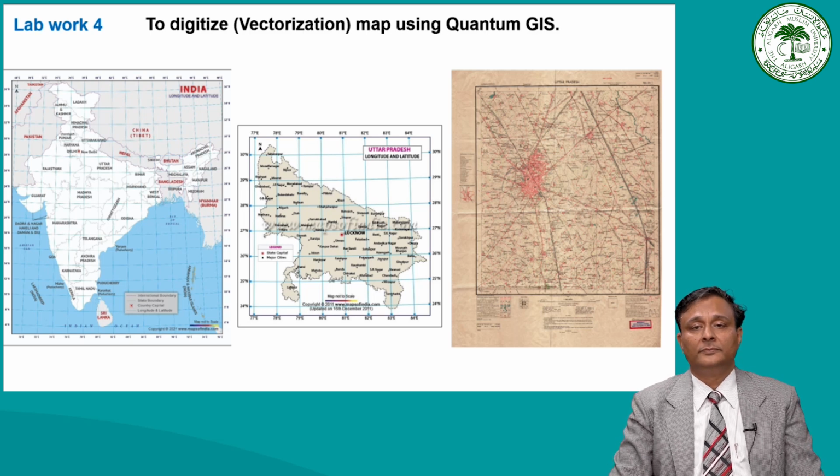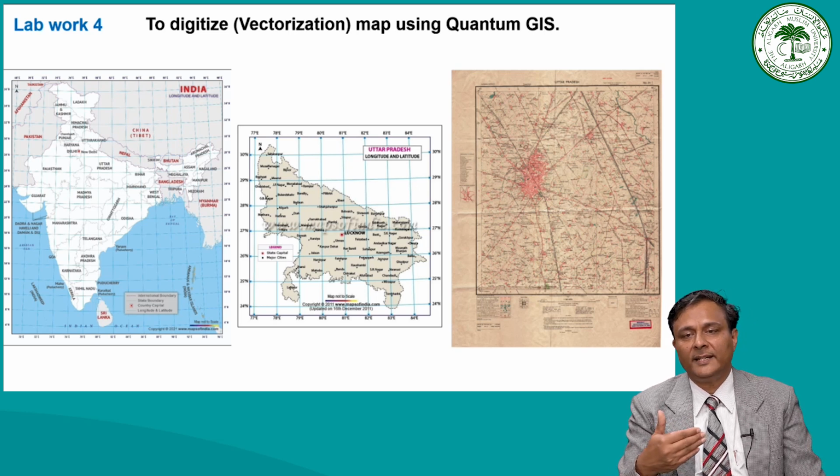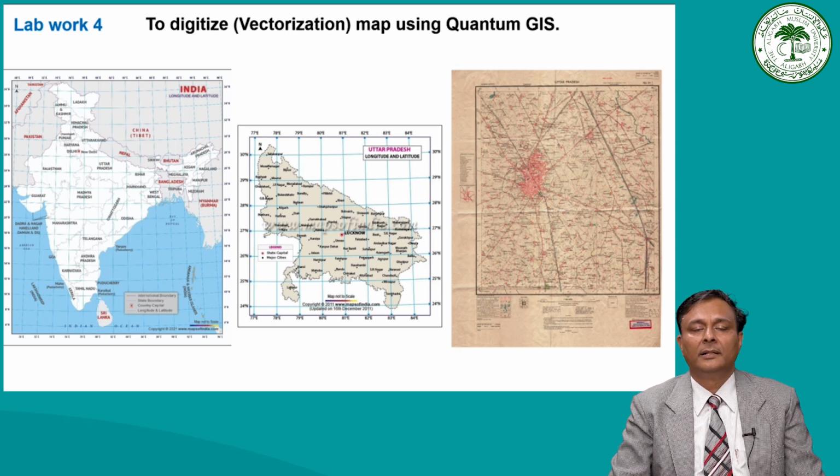There are a few steps to digitize data sets. We have georeferenced these maps in our previous sessions. So today we would be digitizing the map. Once the coordinates have been assigned to the map, on these maps we can digitize or vectorize the map using Quantum GIS.